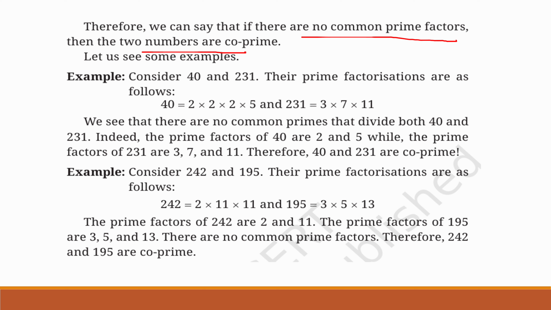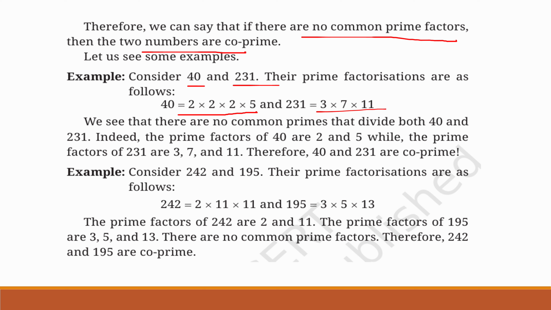Let us see some examples. Consider 40 and 231. We have to check whether 40 and 231 are co-prime. So, we first prime factorize 40 and 231. 40 is equal to 2 into 2 into 2 into 5. 231 is equal to 3 into 7 into 11.